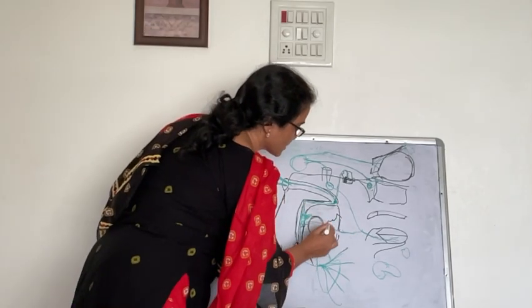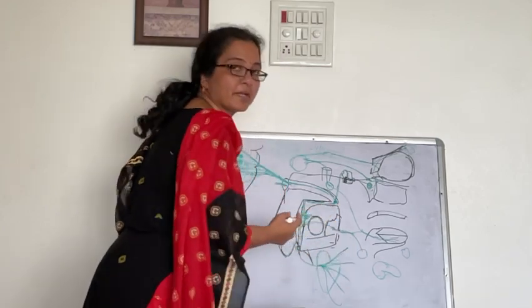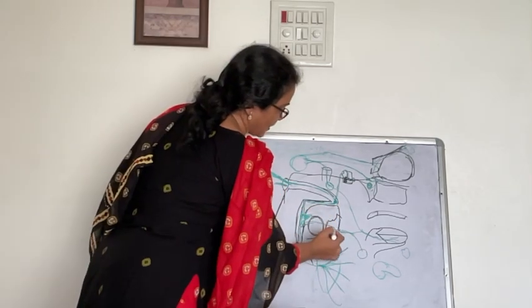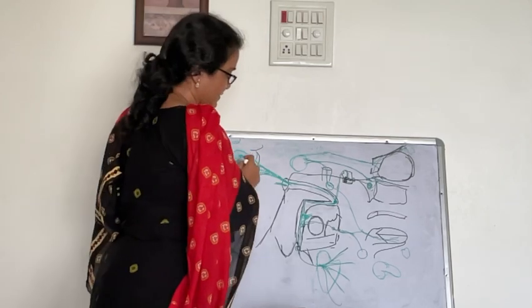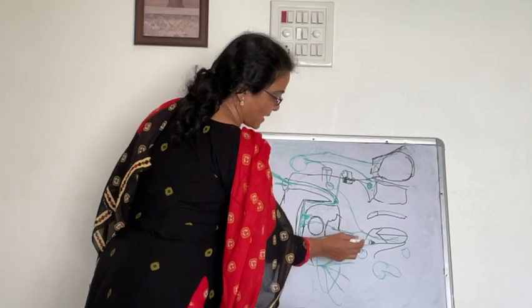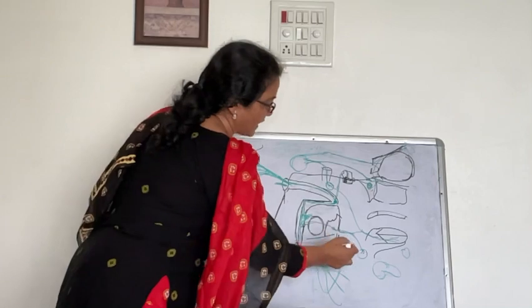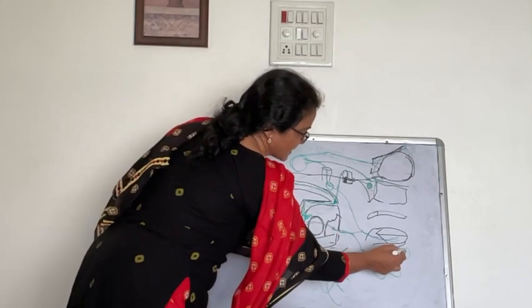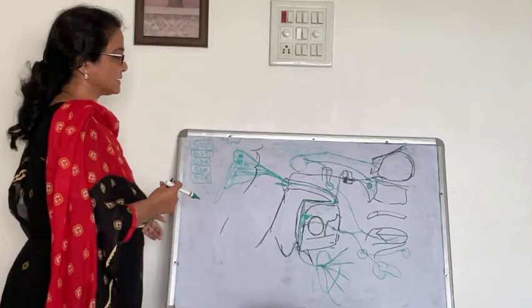Then it will also give a branch to the submandibular ganglion. So these are the preganglionic fibers arising from the superior salivatory nucleus, which pass through the chorda tympani and relay into the submandibular ganglion, and the postganglionic fibers arising from it will supply the sublingual as well as submandibular salivary glands.